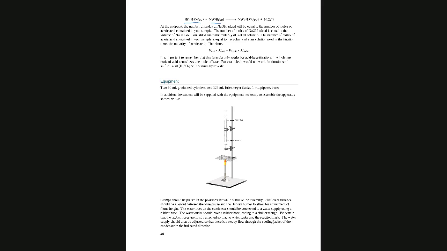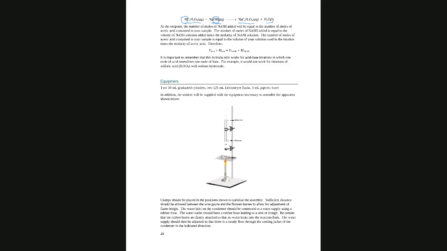This is a neutralization. So you know from Chem 1 that when you have an acid that reacts with a base, what do we form? A salt and water. This is the neutralization.